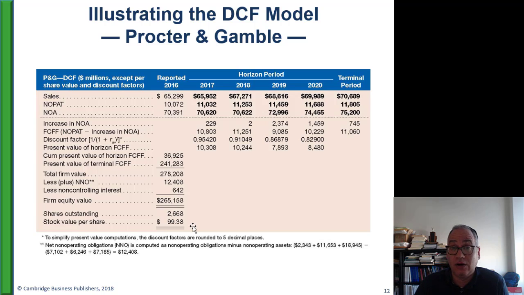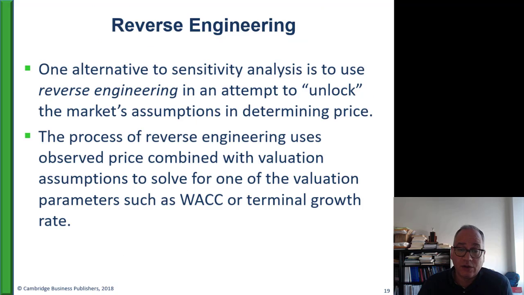So Excel makes this very easy. Some students like to do it by trial and error, but really internal rate of return, IRR, is the Excel formula you would use, and that will give you your interest rate. Then you can compare that to the weighted average cost of capital and the expected return on equity. So reverse engineering is a handy way to figure these things out and say, okay, am I comfortable with this rate of return, rather than focusing on stock price.